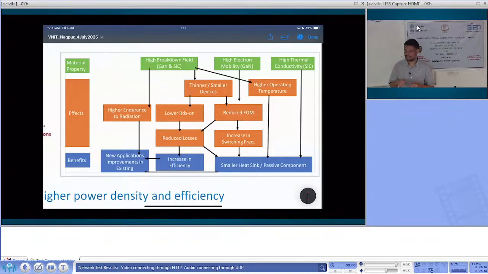Further, they require lesser heat sink because they have better thermal conductivity also. Plus, because their size is small, they have smaller parasitic capacitances, and therefore they can switch much faster. So higher frequency operation is also possible, or lesser switching losses. So this is, in a nutshell, how a silicon carbide device compares with the silicon MOSFET.